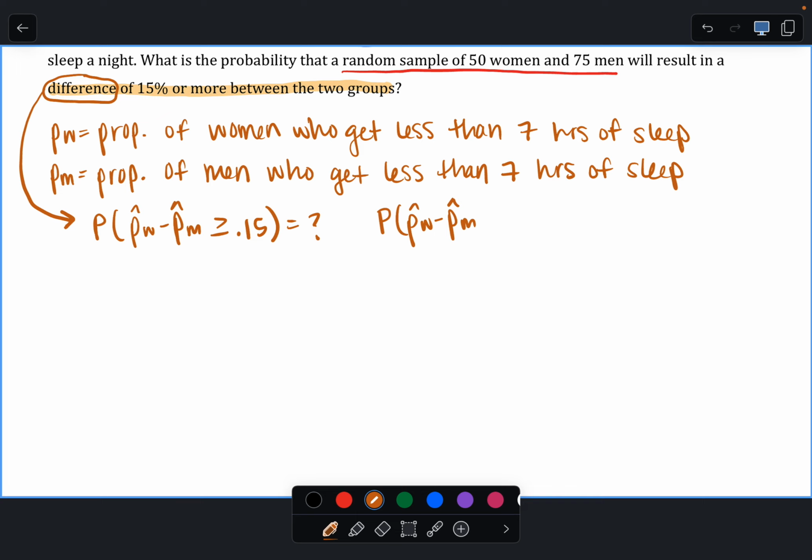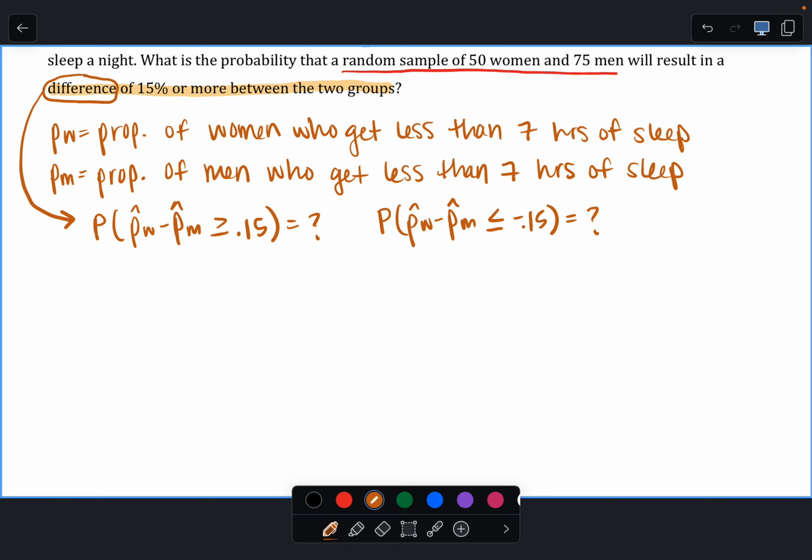But if I'm only interested in a difference, there's also the probability that men could be higher. And that would mean I would be looking for everything less than negative 0.15. And that's because if I have a small number minus a big number, meaning the men are higher, I'm going to get negative numbers.